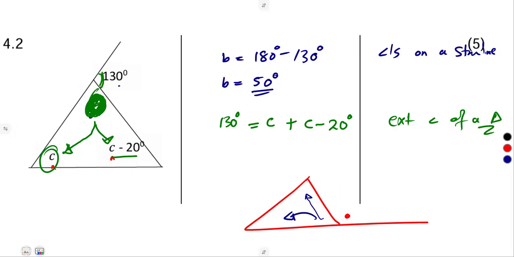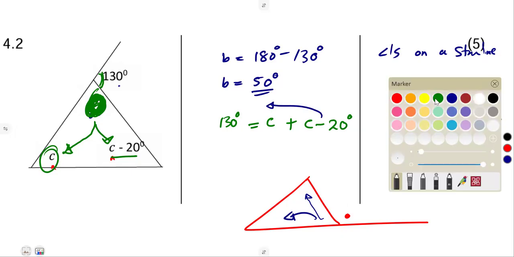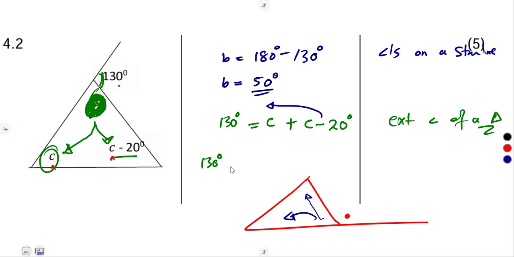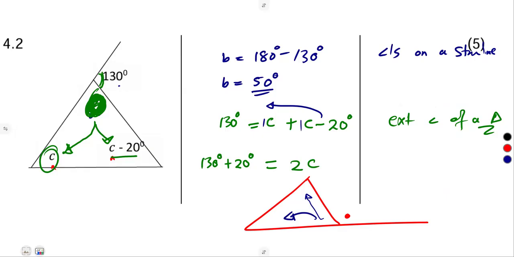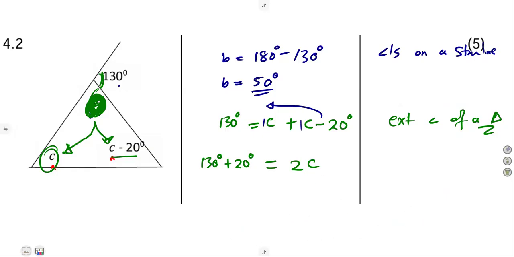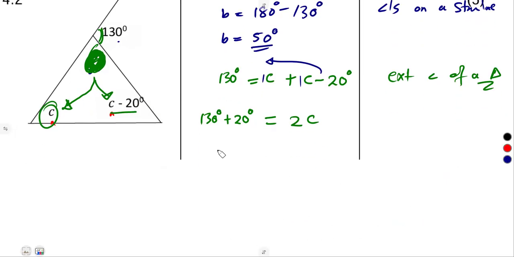So let's solve, guys. We can take this negative 20 to the other side of the equation. It's going to be a positive 130 plus 20 degrees is equal to C plus C. That's 1 plus 1, which is 2C. So to find C, let us add 130 plus 20. That gives us 150.